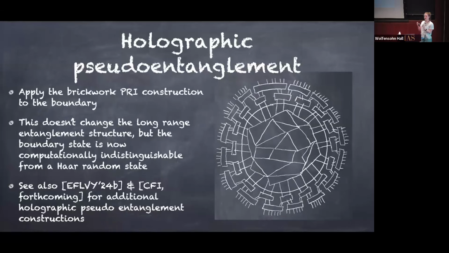We conjecture, although we haven't shown it rigorously yet, that this larger tensor network does exactly obey the RT formula, just for a slightly modified geometry. But even though this state is still approximately, or perhaps exactly, obeying the RT formula, it's now computationally indistinguishable from a Haar random state.